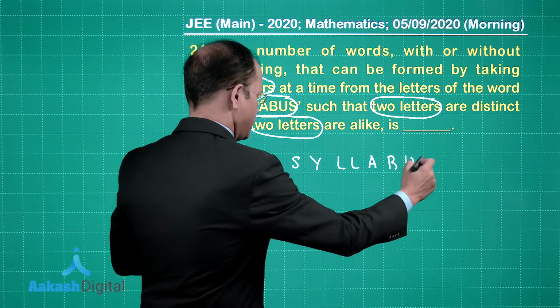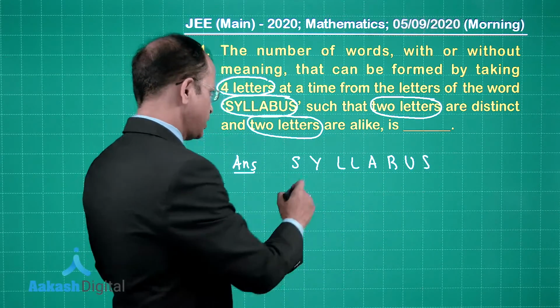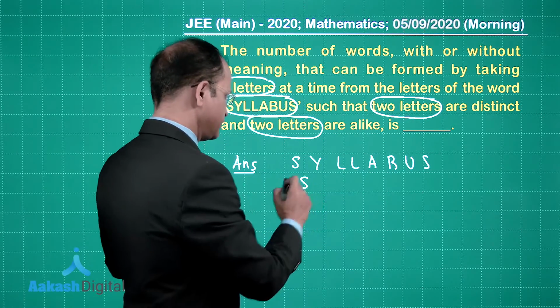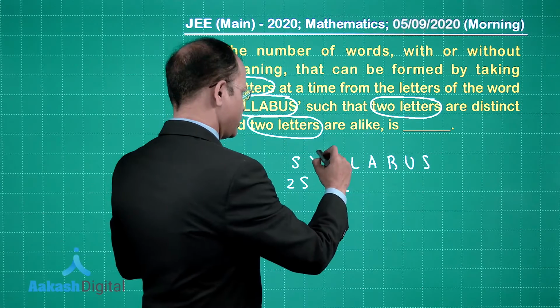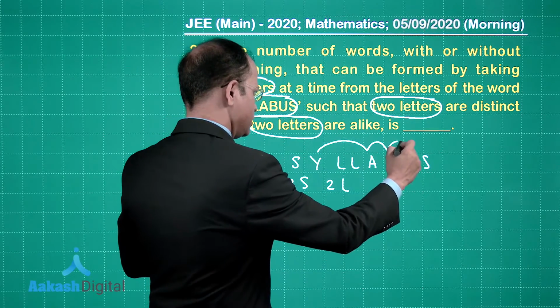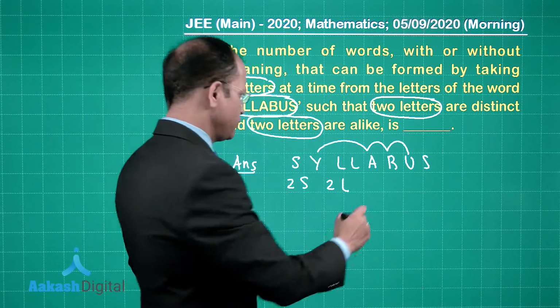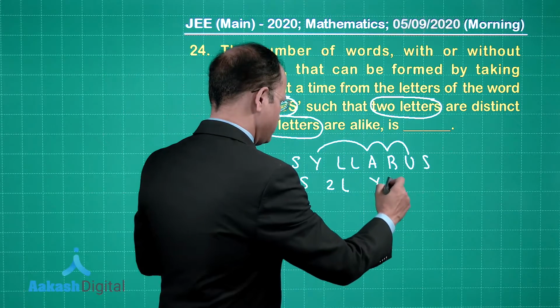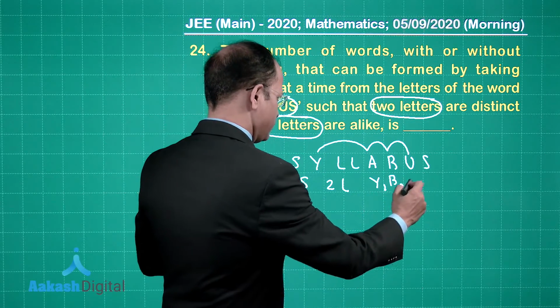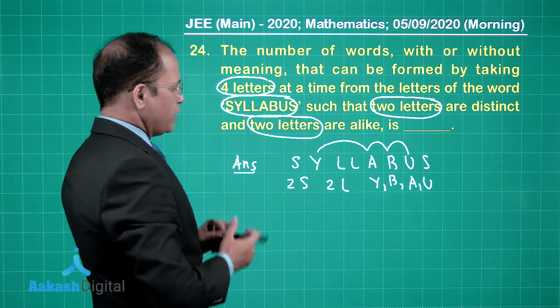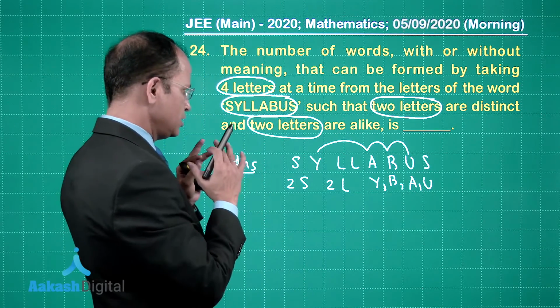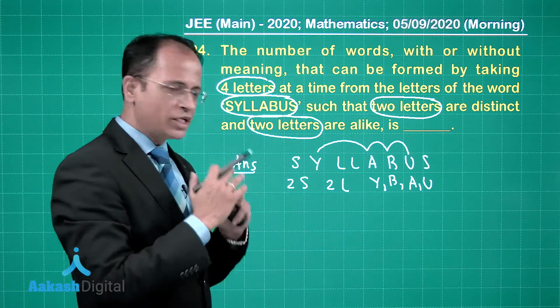You can just see here, there are 2 S, 2 L, and the other letters are Y, B, U and A. So we have Y, B, A and U here. We have to take 2 letters which are alike.